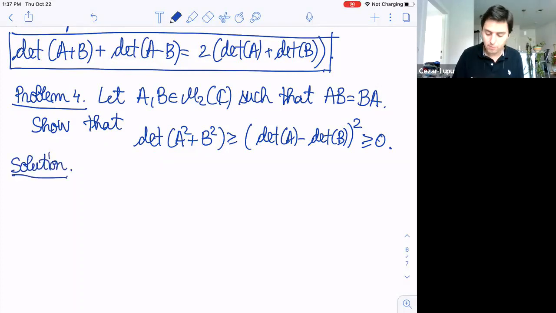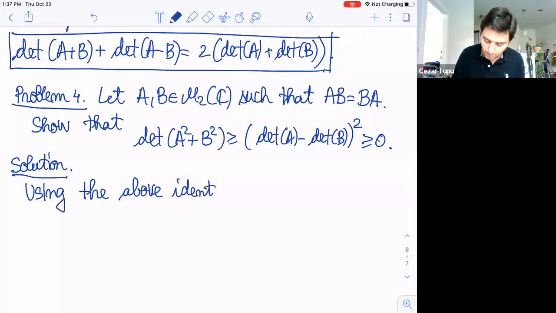So how should we prove this? Maybe we could use our identity. So let's use the above identity, and let me write it again.